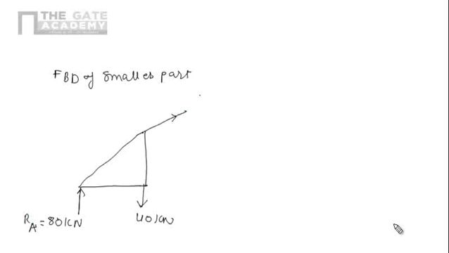Here we have FBD, and here we have FBE. This angle we know is theta. Then this force is FCE. And if we extend it, here we have the point E, here the point B, this one is A, and this one is the point C.